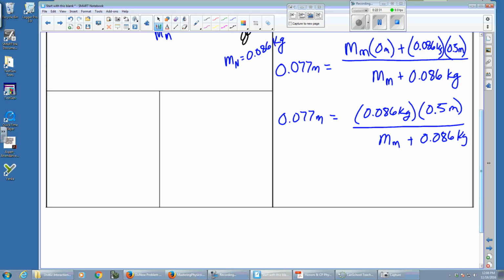Uh-oh, that dreaded algebra. What's my next algebraic step? Or arithmetic step? Do I have to take the 0.086 with me? Yes, because they're at the bottom of the fraction.